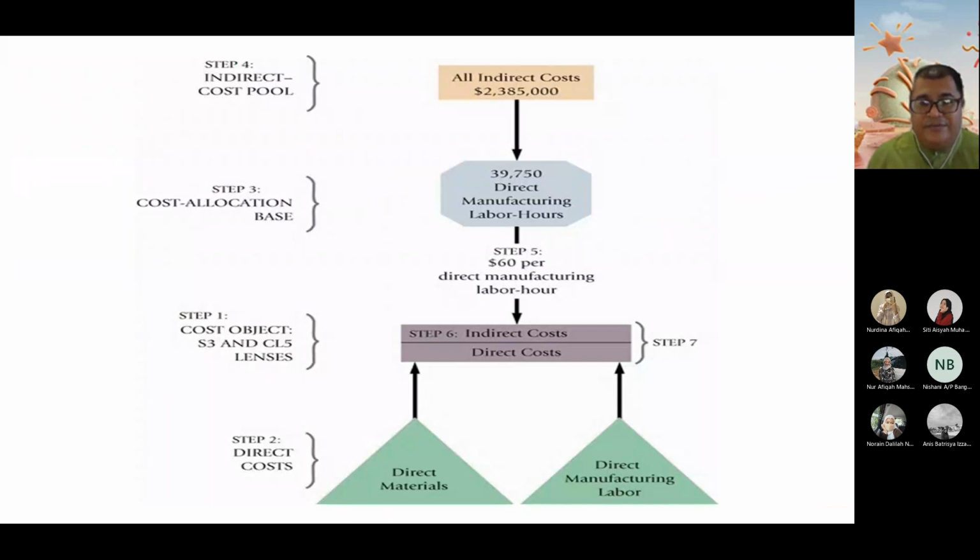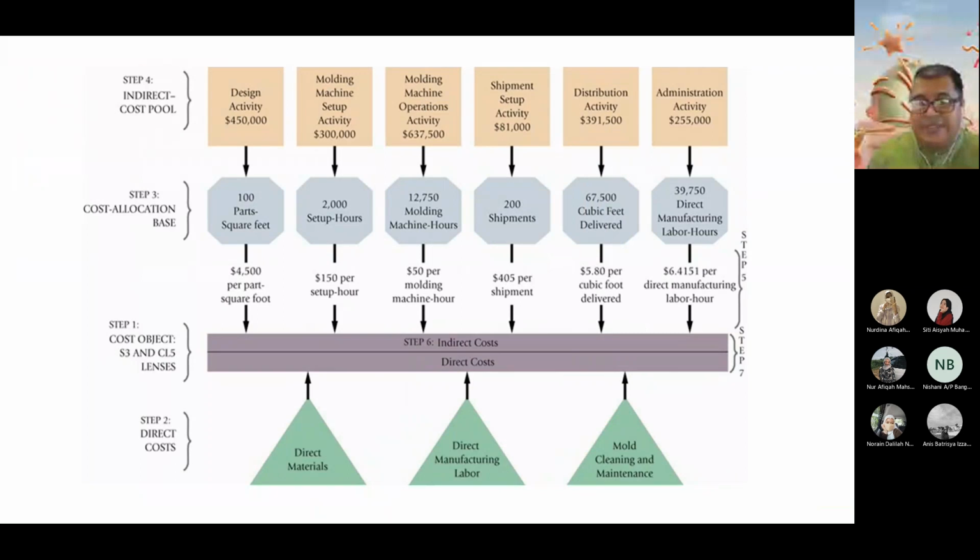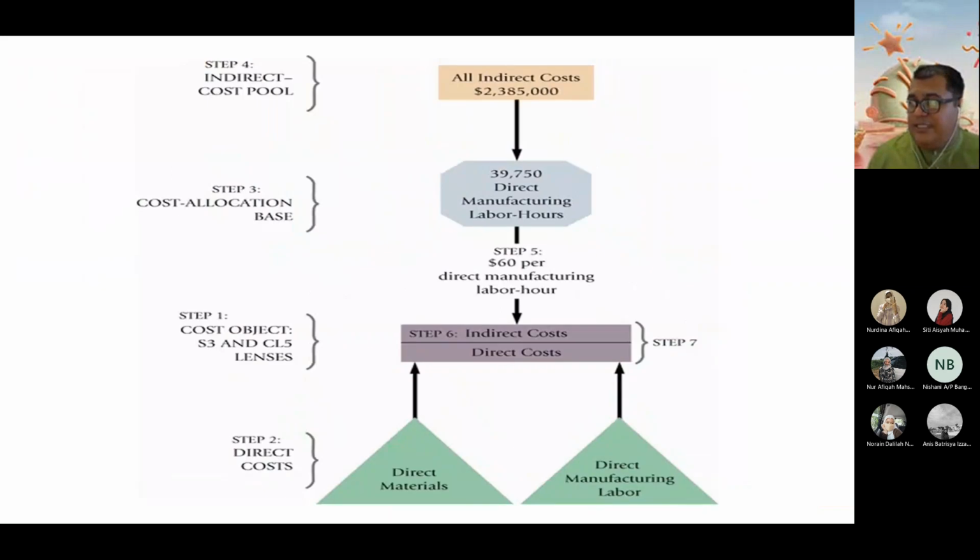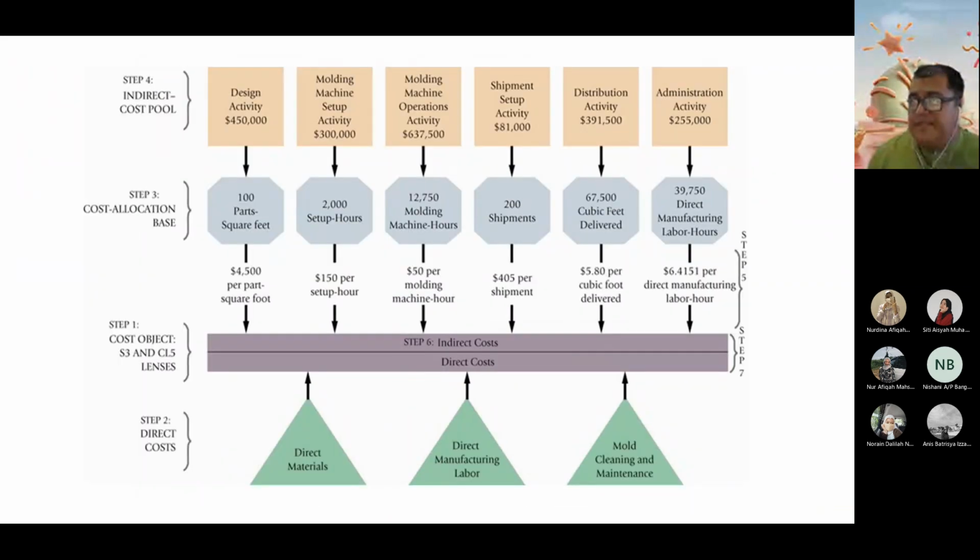Which is direct material, direct labor, semua kita boleh charge direct cost tu. Indirect cost yang ada problem sedikit. So kalau this one example dia ada 1, 2, 3, 4, 5, 6. Ada 6 so-called department, ada 6 activity. From 2.385 million ni dia dah pecah.